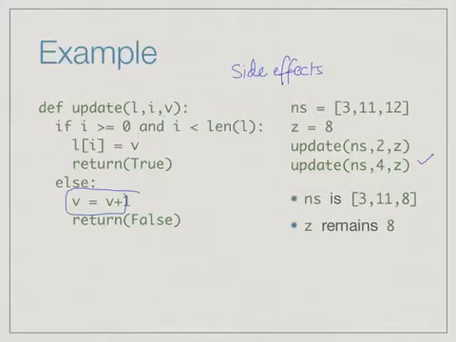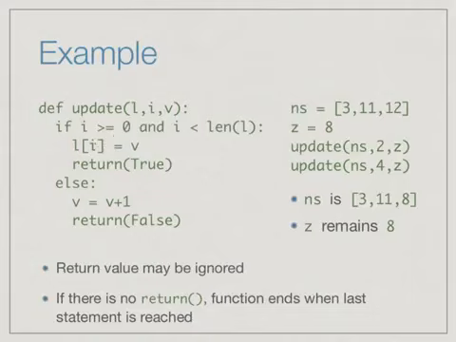Now there are a couple of other points to note about this function. One is that we have here 2 return statements, return true or return false. The idea is that they indicate to the calling function whether or not the update succeeded.